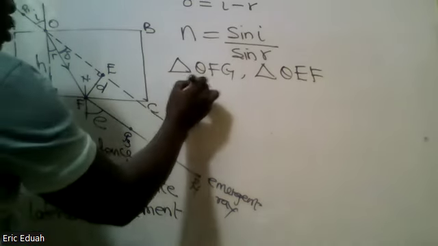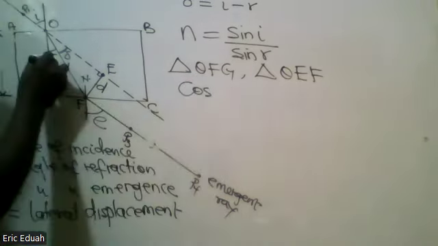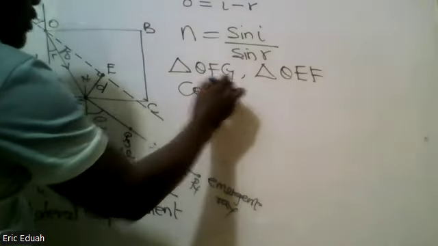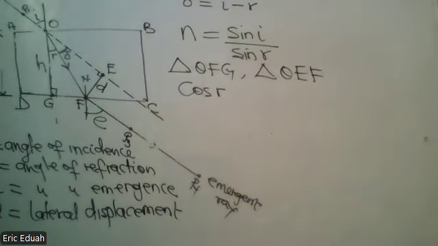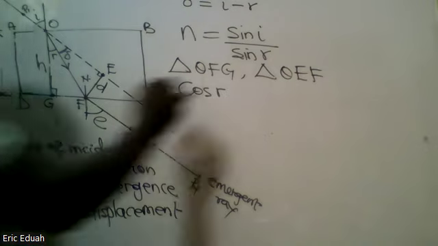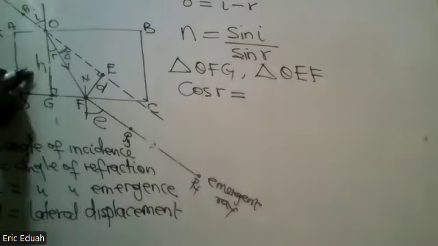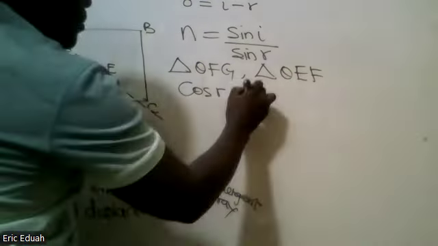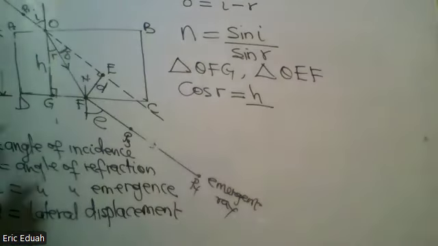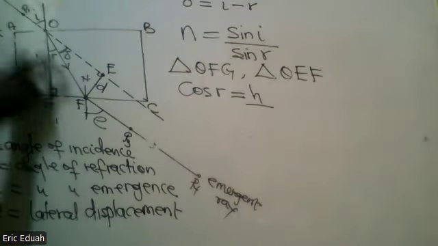So when we take the cosine of the angle of refraction, cos r is equal to the adjacent, which is h, over the hypotenuse OF.